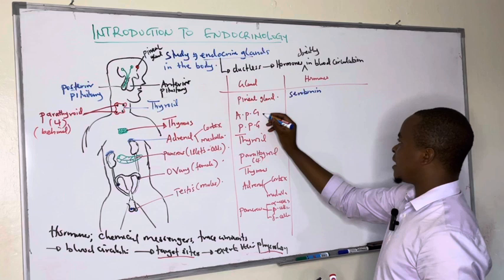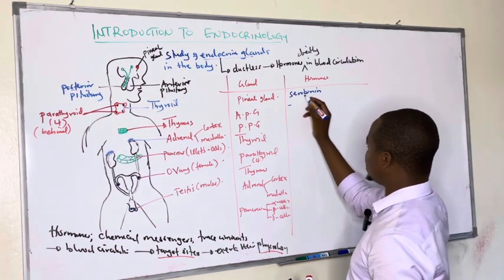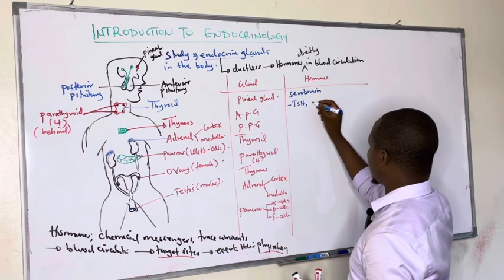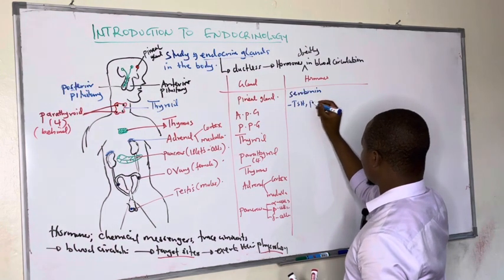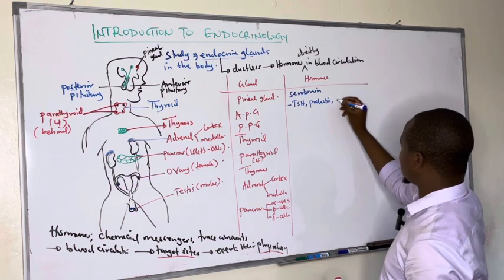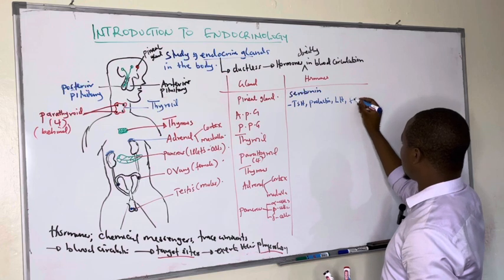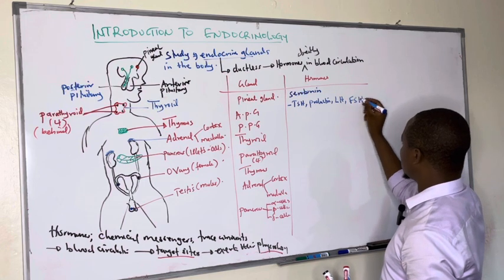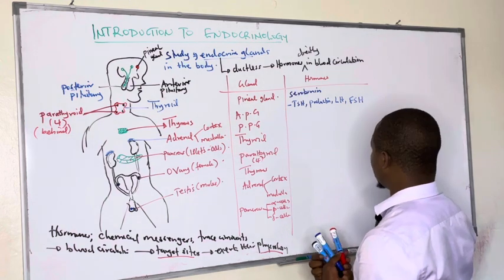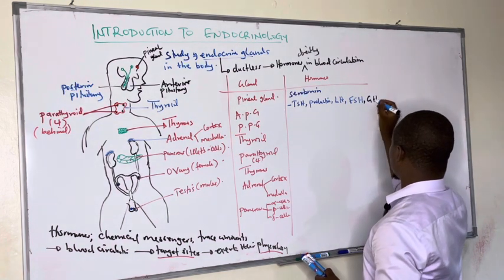Then the anterior pituitary gland produces different hormones. It produces TSH, that is thyroid stimulating hormone. It produces prolactin. It produces LH, that is luteinizing hormone. It produces follicle stimulating hormone. It also produces growth hormone.